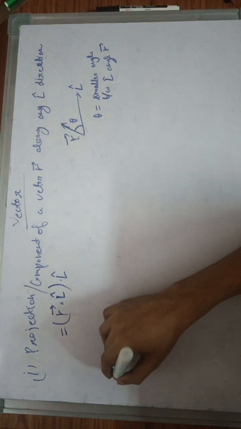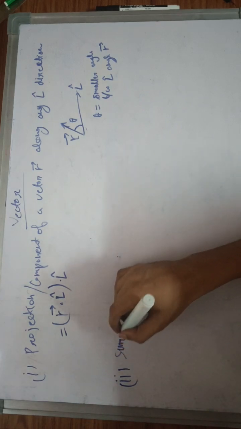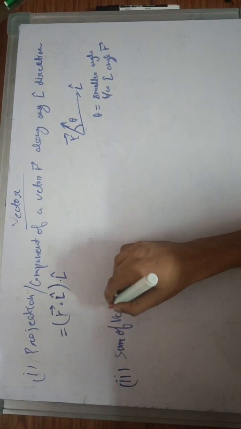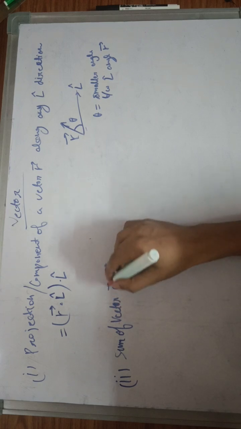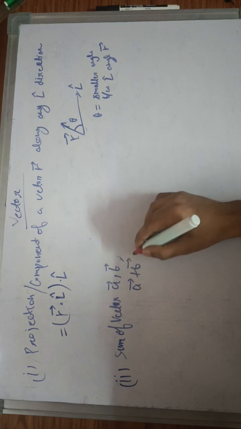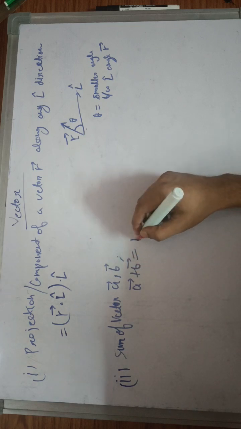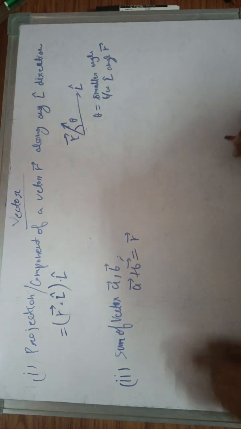And now the second thing is sum of vectors, that is A plus B. This is the sum of vectors. This can be written as, let's say, R vector. The sum of these two vectors is R vector.